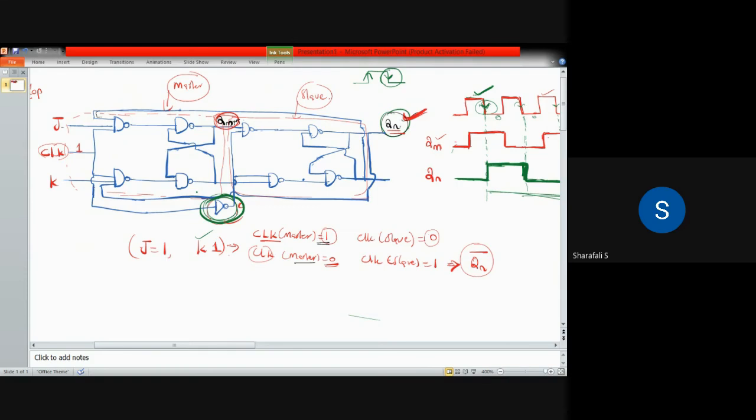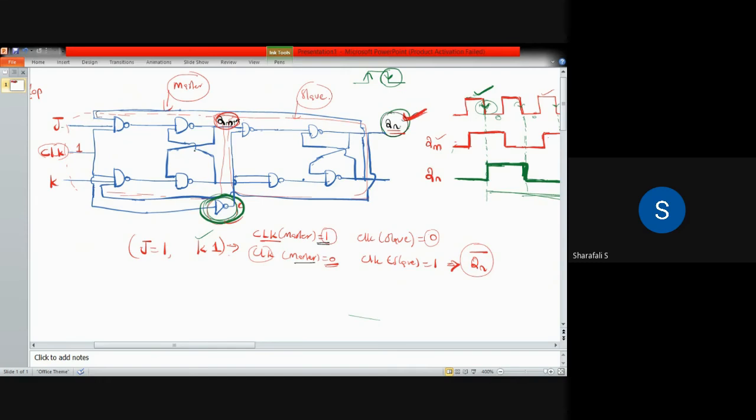So only one of these sections of the master slave flip flop will be active within the clock pulse at one time. If you consider one cycle, only one of these will be active. Or if you consider one state of this clock pulse, I cannot say cycle, one state, then only one of these will be active.